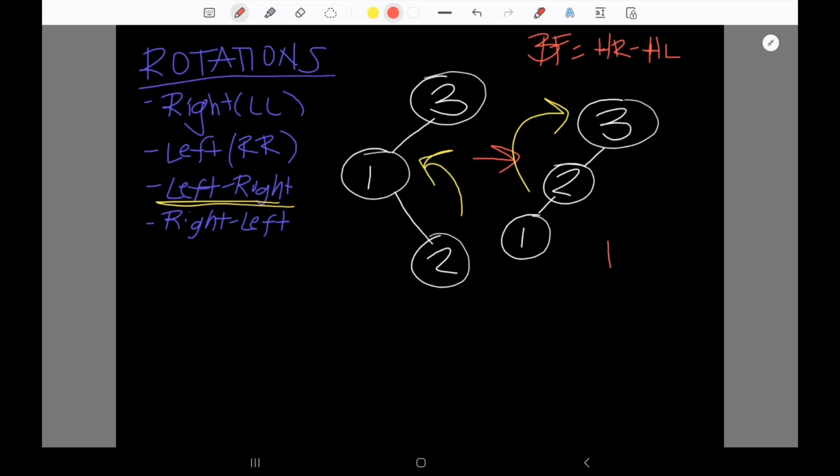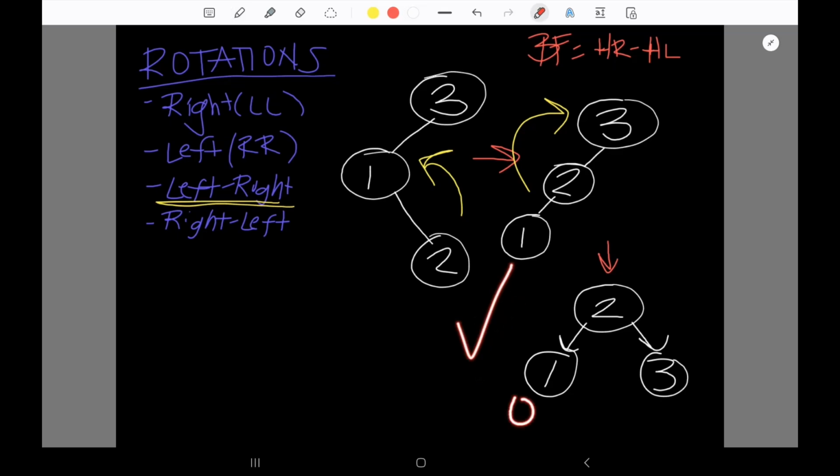So if we're gonna rotate it, 2 now becomes the new root, and what is greater than 2 is 3, and less than is 1, right? So is this balanced? Yes, it is balanced because we have 1 minus 1, we have 0.